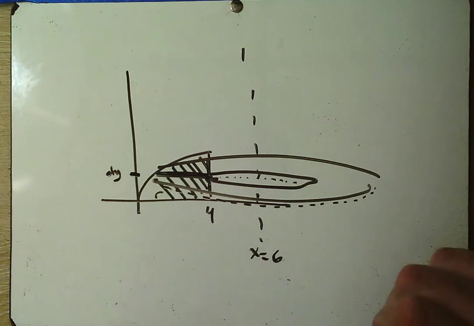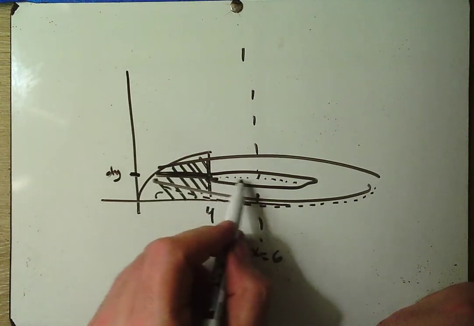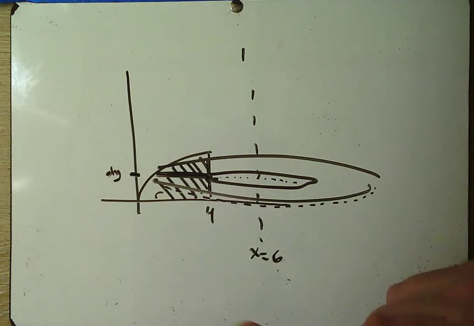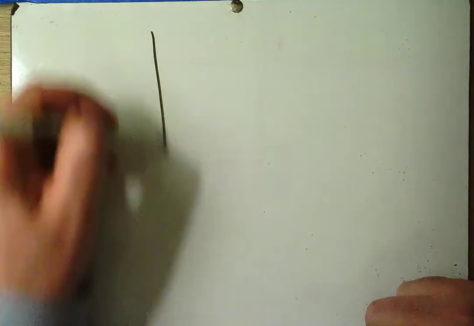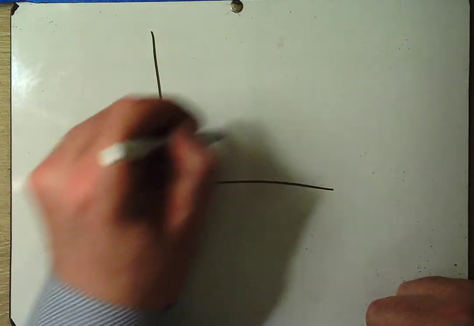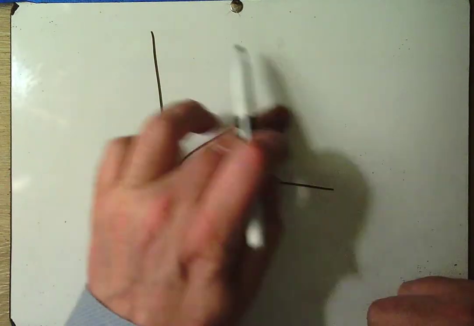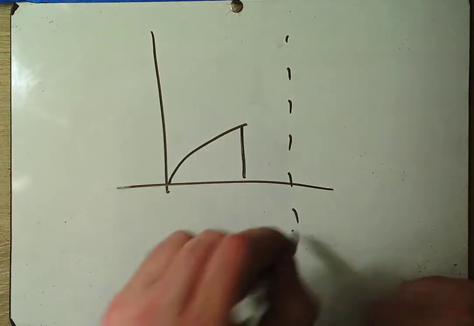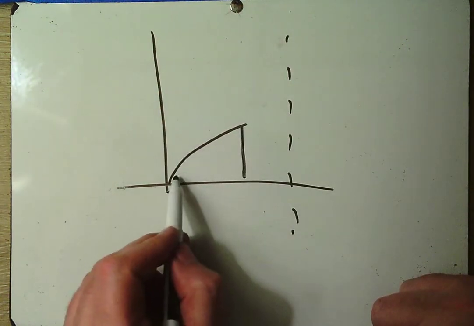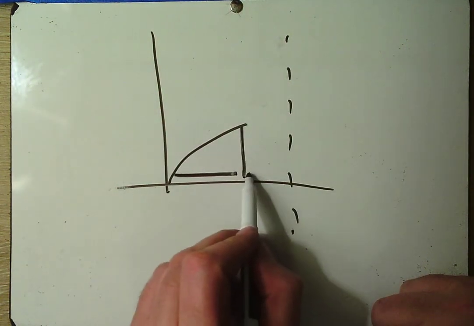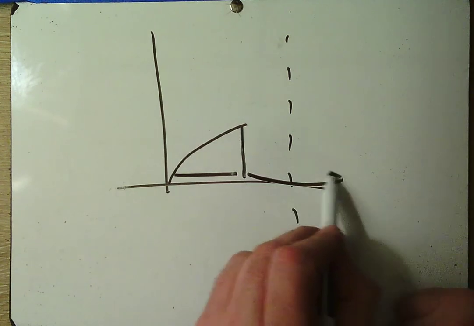Okay? Now, what can we say here? Well, my little radius, I kind of want you to notice it, so I'm going to draw the picture again. If I drew this, this would be my little radius.